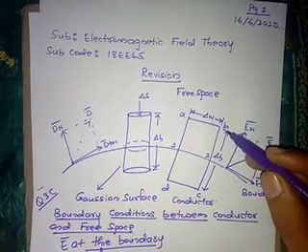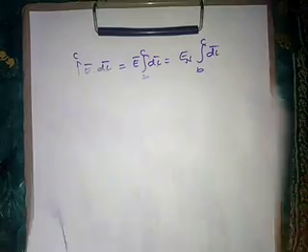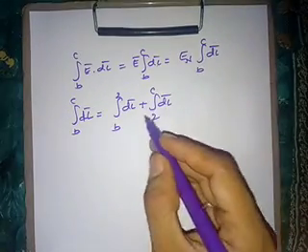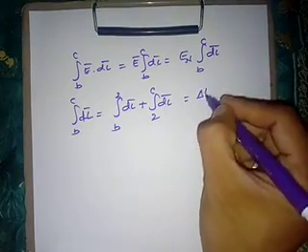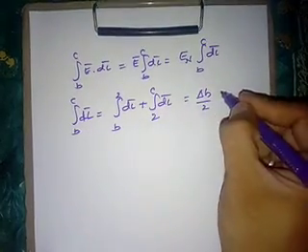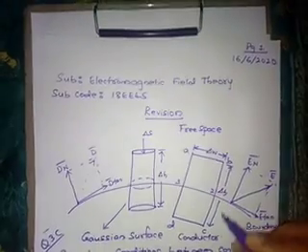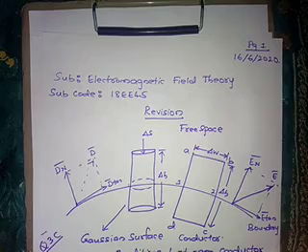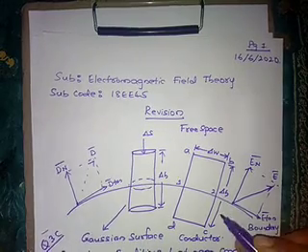See here, this is B to C, so it is divided into B to 2 and 2 to C. B to 2 is delta H by 2, whereas 2 to C is inside the conductor, so that will be 0, because inside the ideal conductor the field is 0.